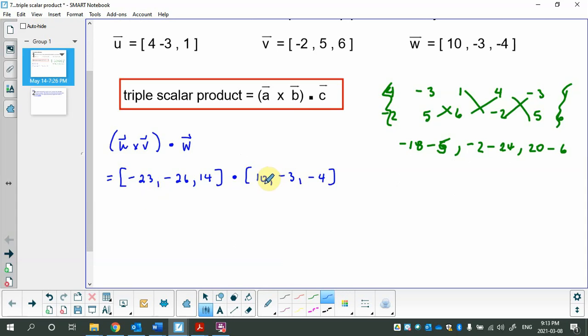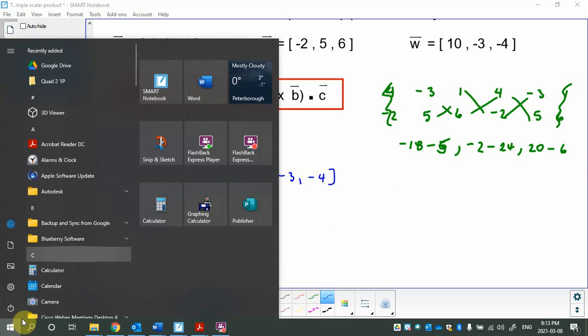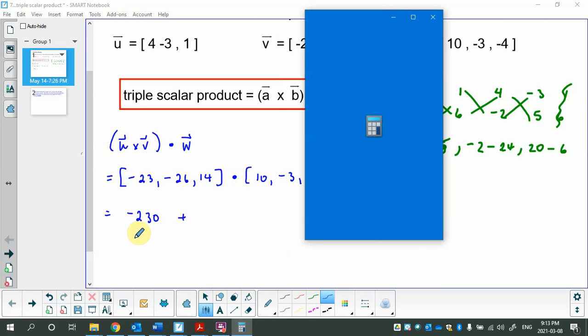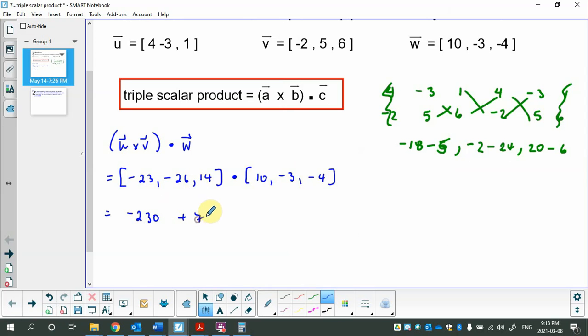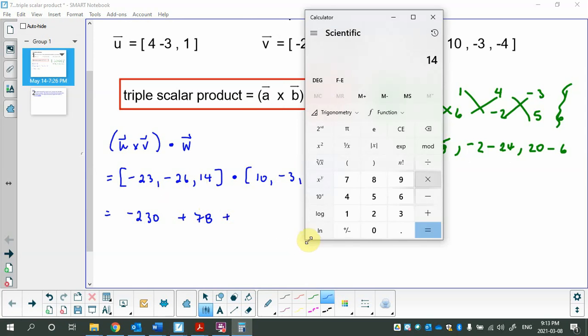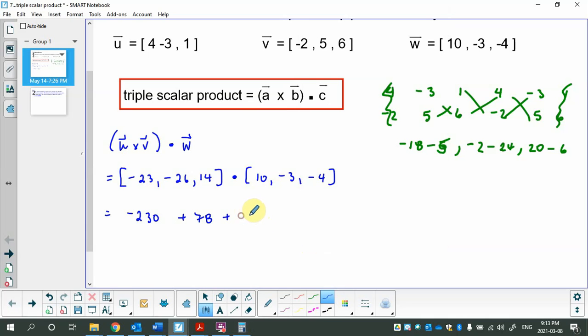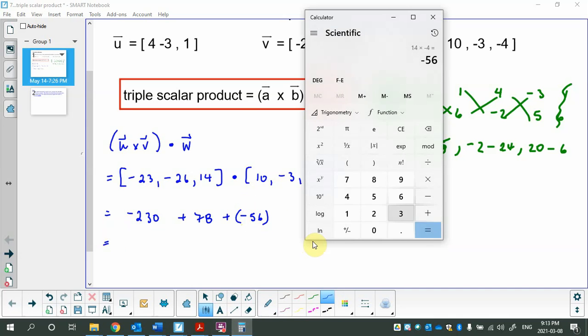So negative 23 times 10 is negative 230, plus negative 26 times negative 3 is 78, plus 14 times negative 4, negative 56.